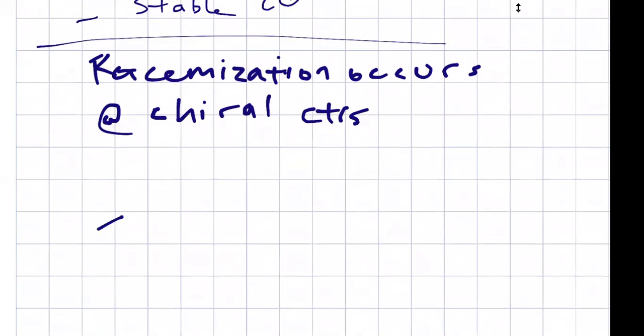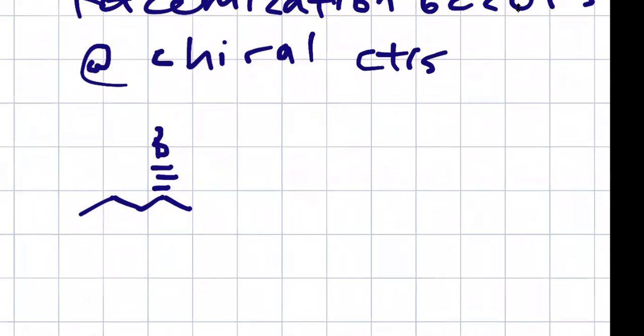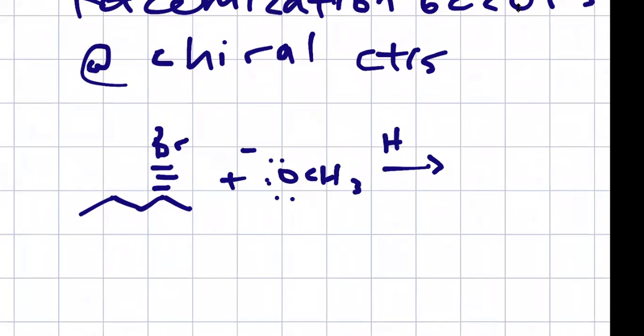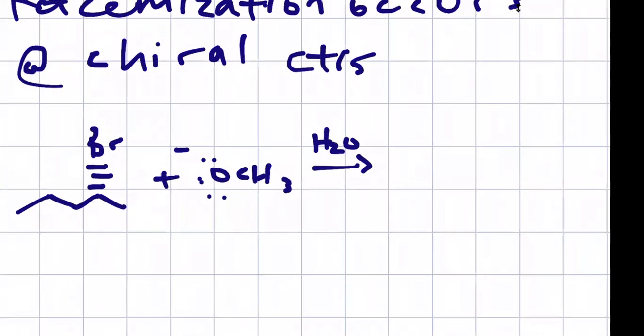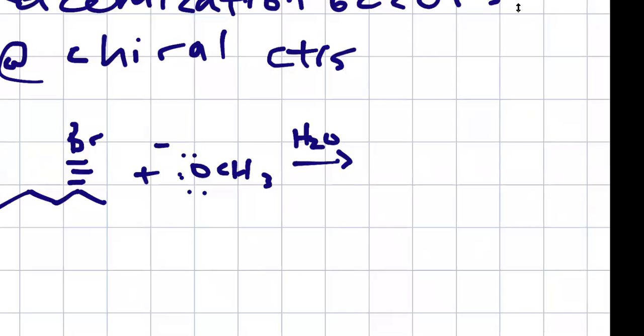So we have something like this. Let's use a secondary carbon, but we're going to make the leaving group on a chiral center. And let's just use the same nucleophile, and we're going to do this in water. That's fine. That's a protic solvent. When that happens, what you end up with is actually two products.